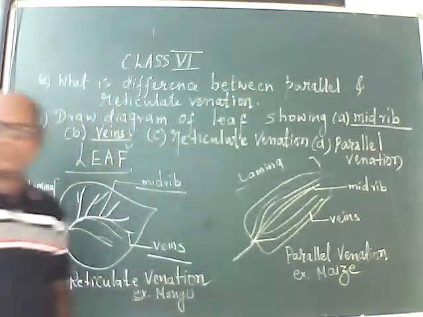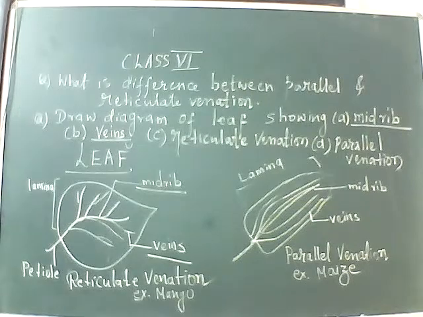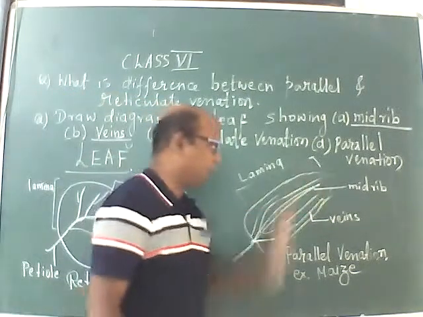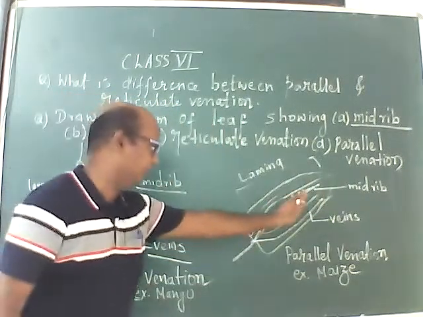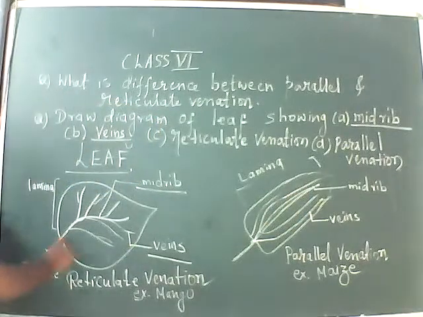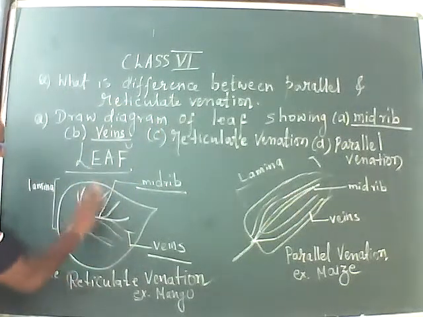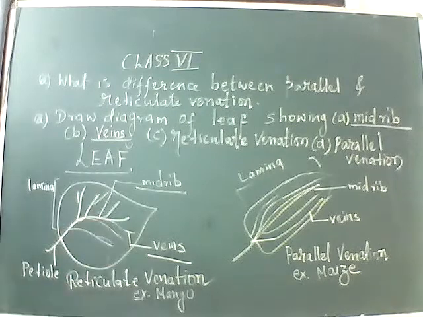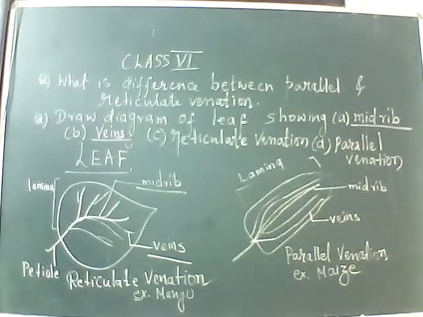What is the difference? It is quite clear. In parallel venation, the veins are parallel to each other on both sides of the midrib. Here the veins form a network-like structure on both sides of the midrib. So that is the difference; also you have to write.